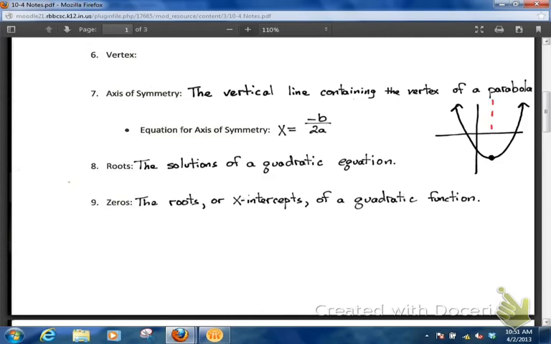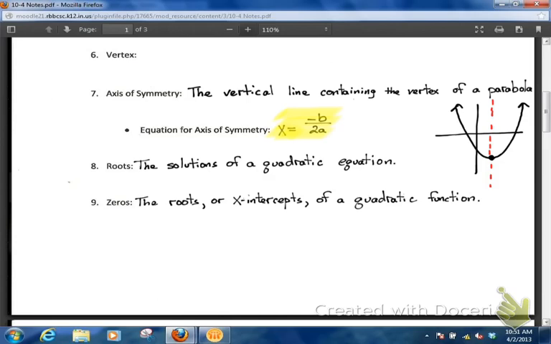We usually make it a dotted line because it's not really part of the parabola. It's just this invisible, imaginary vertical line right down the center of the parabola. This equation right here is extremely important. You will be using it to find the axis of symmetry: x equals negative b over 2a. We'll be dealing with that more in a minute.